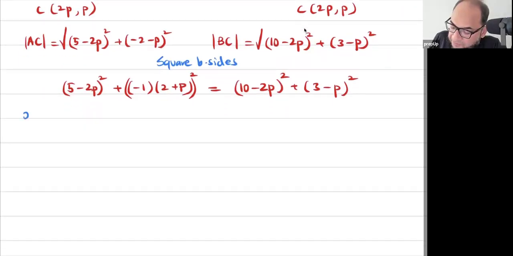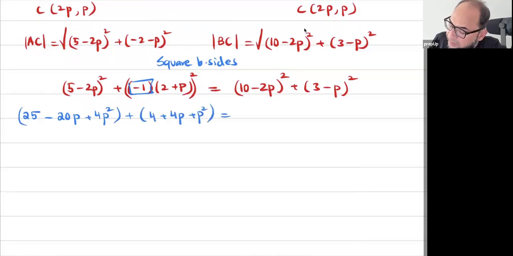Now work it out. This is 25 minus 20p plus 4p square. That's the first bracket. Second bracket, this minus 1 squared becomes positive, and this is 4 plus 4p plus p square. This is 100 minus 40p plus 4p square.